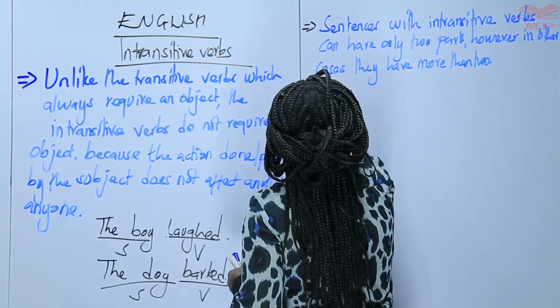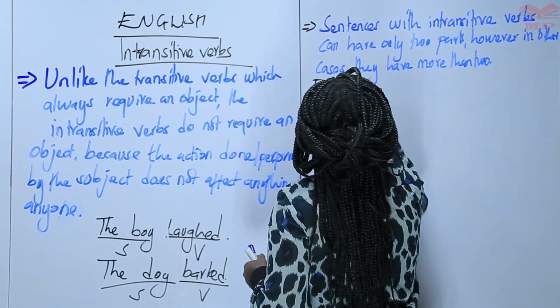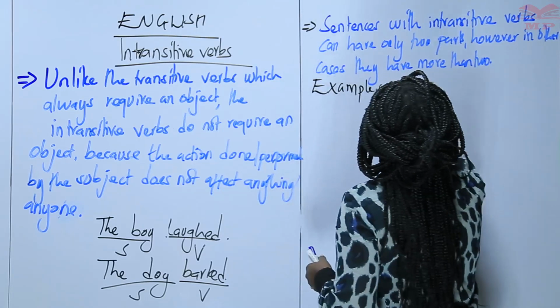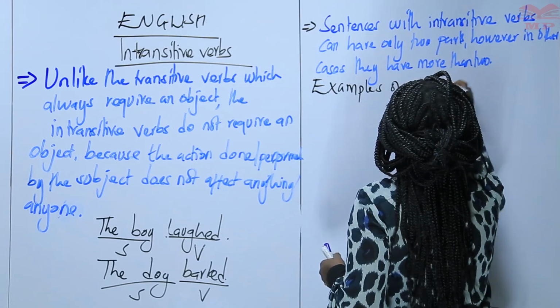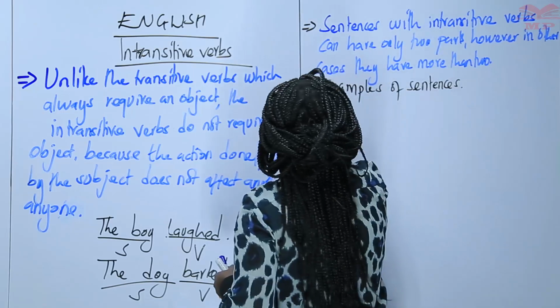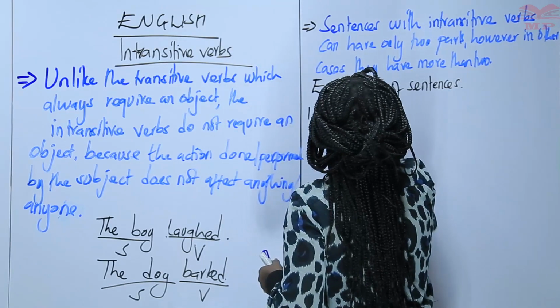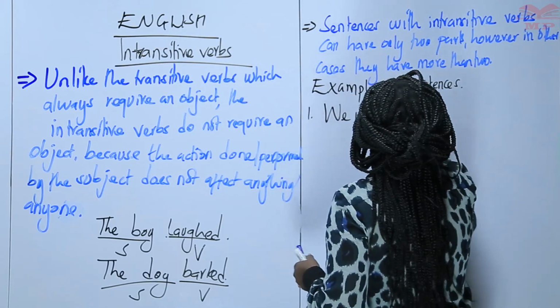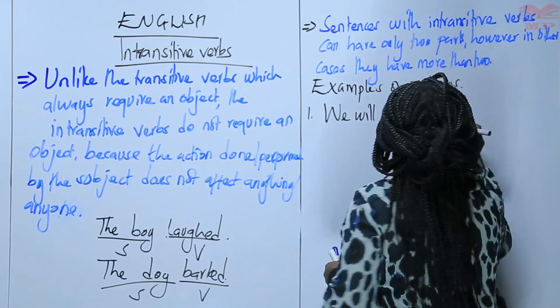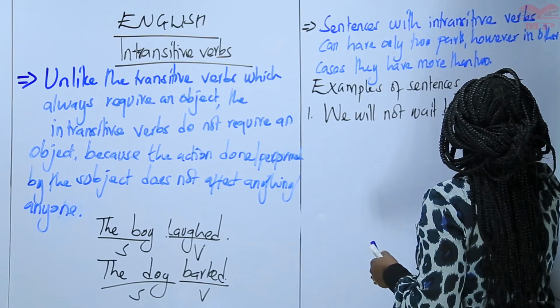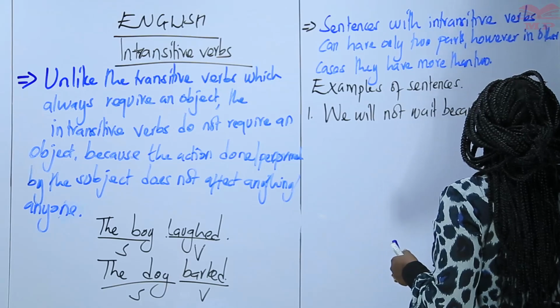So, examples of sentences. The first one: we will not wait because it is late.